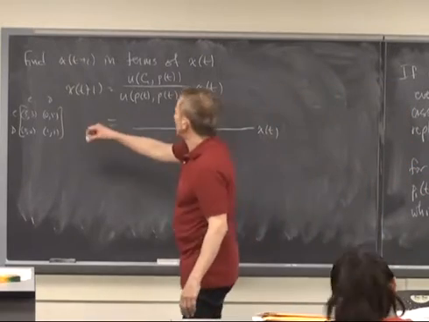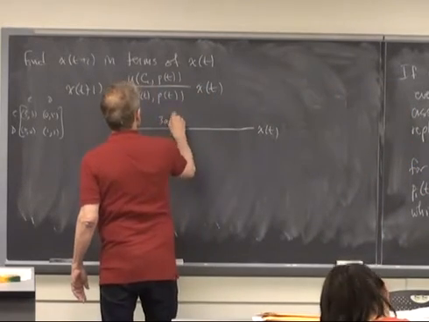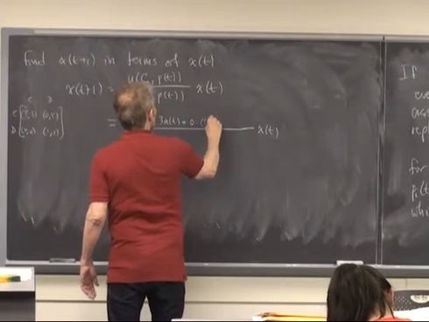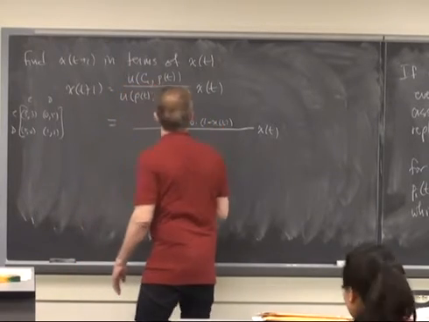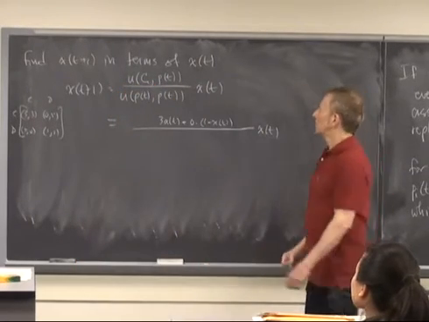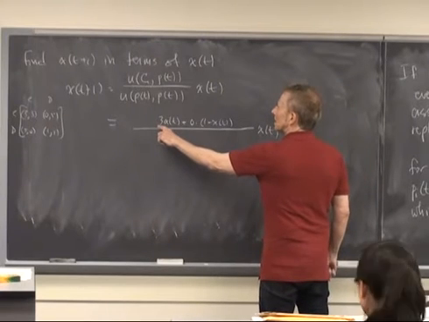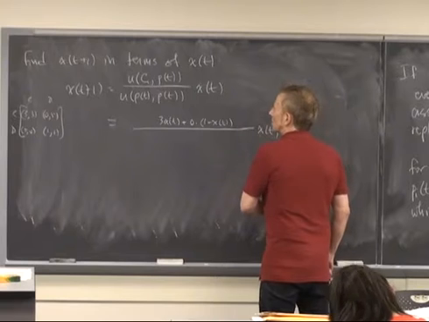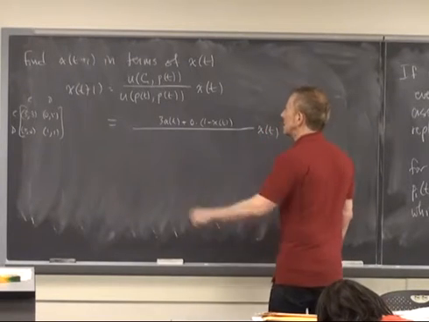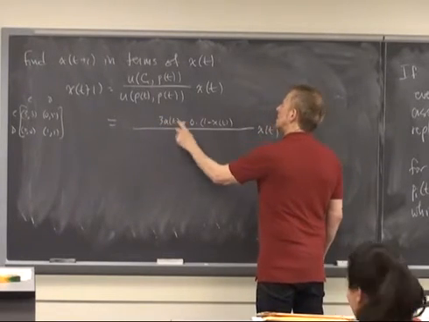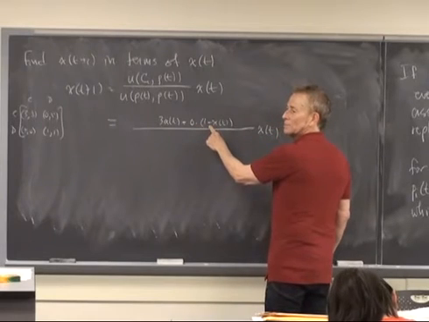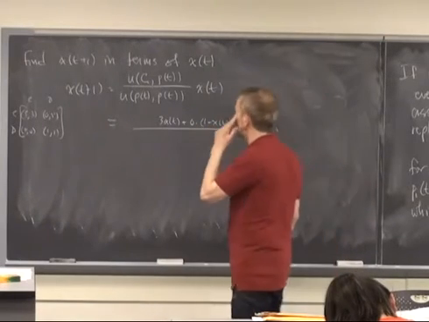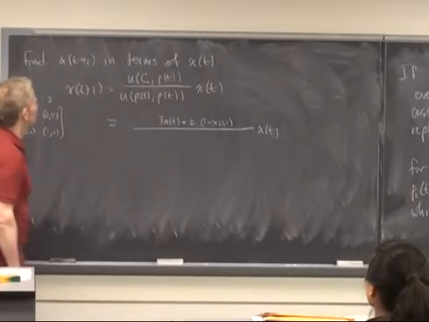It's going to be 3x of t plus 0 times 1 minus x of t. Right? Because if you play c against the mixed strategy xc plus 1 minus xd, you get 3 with probability x and 0 with probability 1 minus x. Right? And the denominator is going to be what?